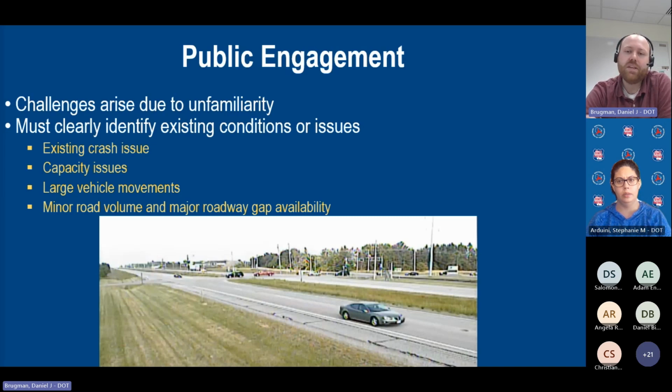Clear, consistent communication on the issues is needed for any given location. That need must be stressed throughout the public involvement, such as addressing a crash issue or a capacity issue, or helping mitigate concerns with larger vehicle movements. Having pictures and videos very much helps illustrate those issues.